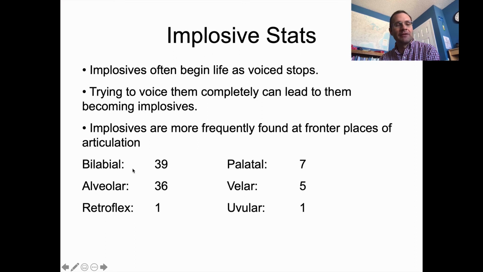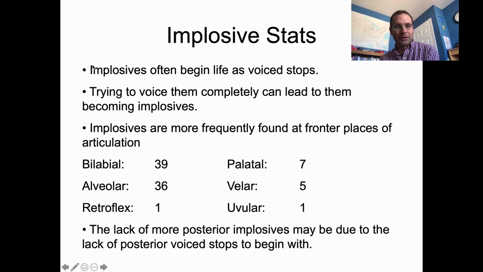It's more common to find voiced stops at the fronter places of articulation, like bilabials and alveolars, and those are the ones that maybe become implosives over time. So the lack of these more posterior implosives may be due to the lack of backer voiced stops to begin with. That's a big maybe, but that's one way to explain this pattern, which looks different from the pattern we get for ejectives, where we find them more frequently at the backer places of articulation than in the front, like bilabials.